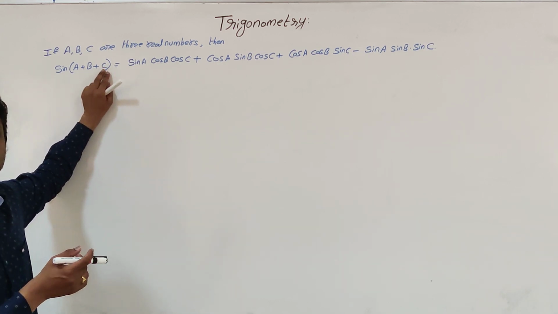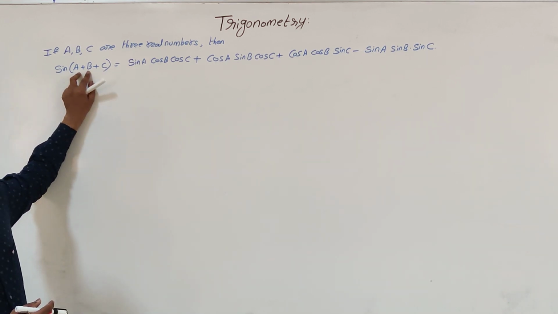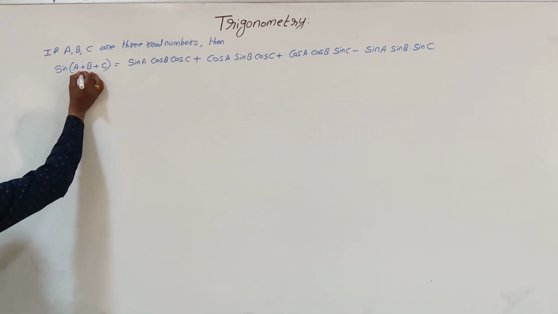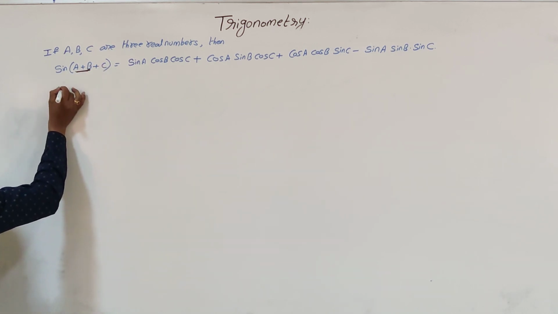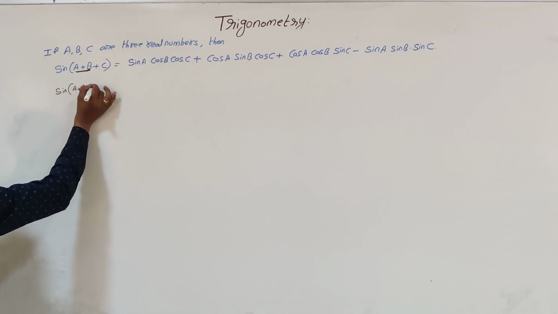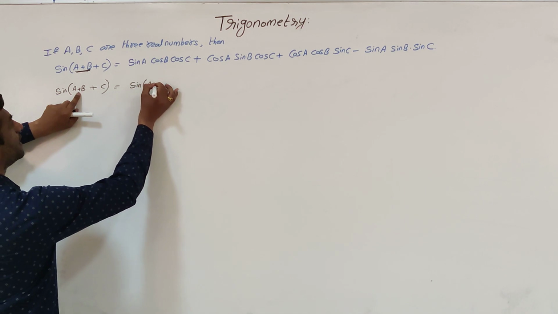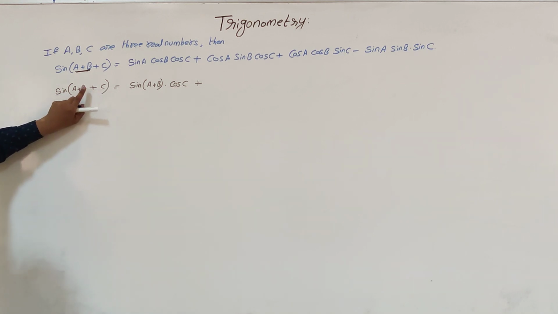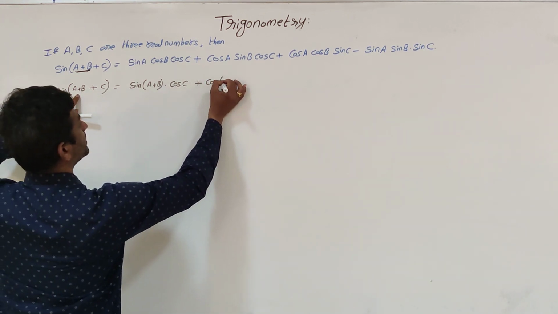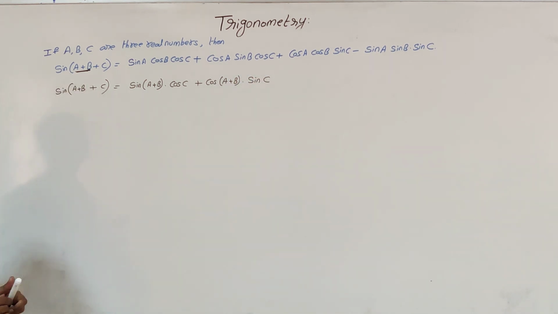Now it reduces to sin of alpha plus beta, where alpha is A plus B and beta is C. So sin of A plus B plus C can be written as sin alpha, meaning sin of A plus B, into cos beta, cos C, plus cos alpha, cos of A plus B, into sin beta, sin C.